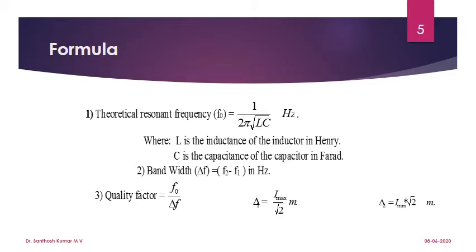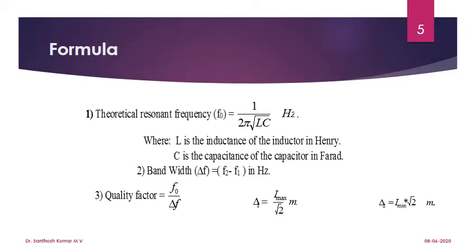In this experiment we have the following formulas. First we need to estimate the theoretical resonant frequency, which equals 1 by 2 pi root of LC, in hertz, where L is the inductance used in the circuit and C is the respective capacitance.